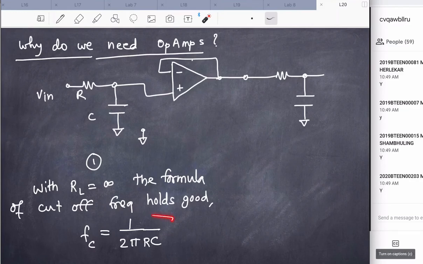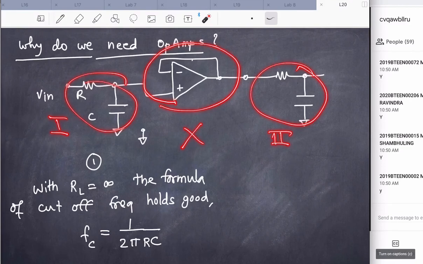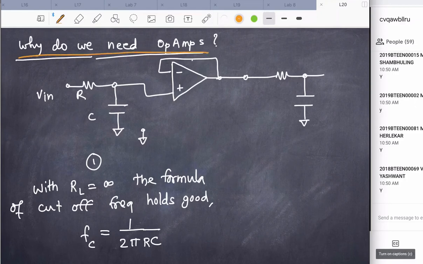So, the formula will hold good, because loading of 2 onto 1 is avoided by use of this op amp. Are you getting this point? So, this is the first use of the op amp. Why do we need to use op amp? It is avoiding loading of multiple sections of the filter.